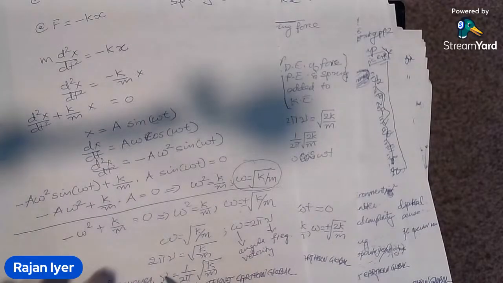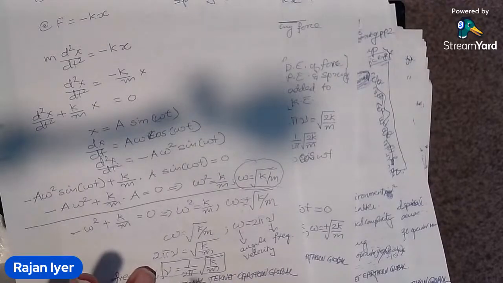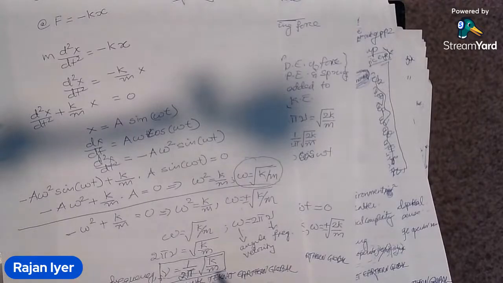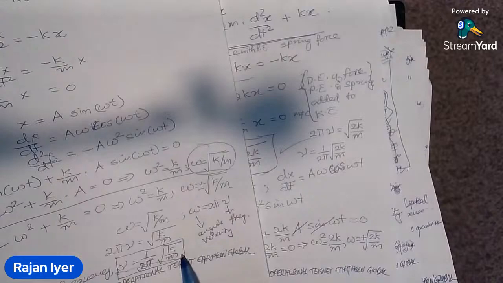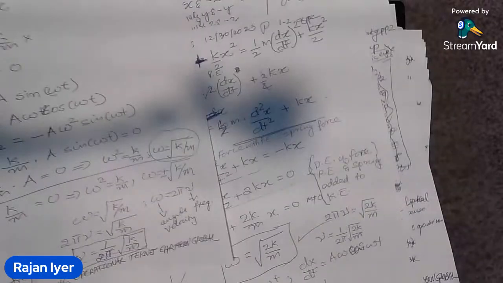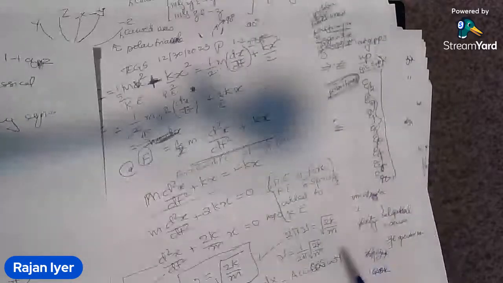So for the first one, we get this relationship: nu equal to 1 over 2 pi square root of k over m when we have no potential energy. It's a simple harmonic motion. And then when we have potential energy, because of the spring-like potential energy, we get again 2 pi nu, we get this equation.